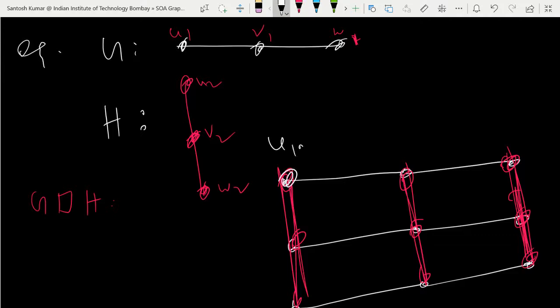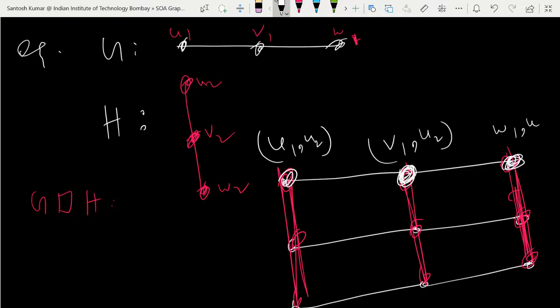So this is u1 comma u2, the second one is v1 comma u2, this is w1 comma u2. So u2 was the first one in all of H, that's why u2 is used in all.